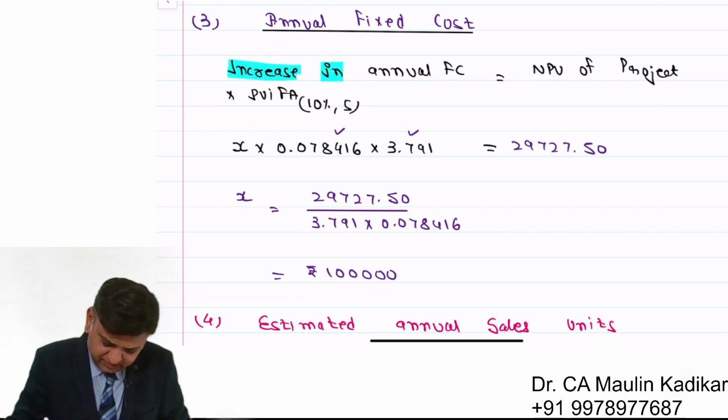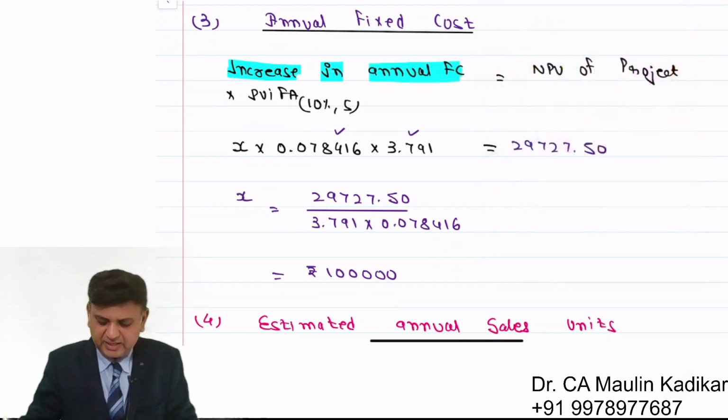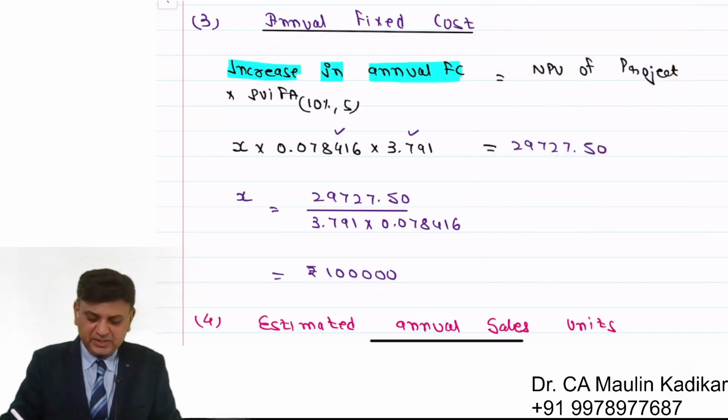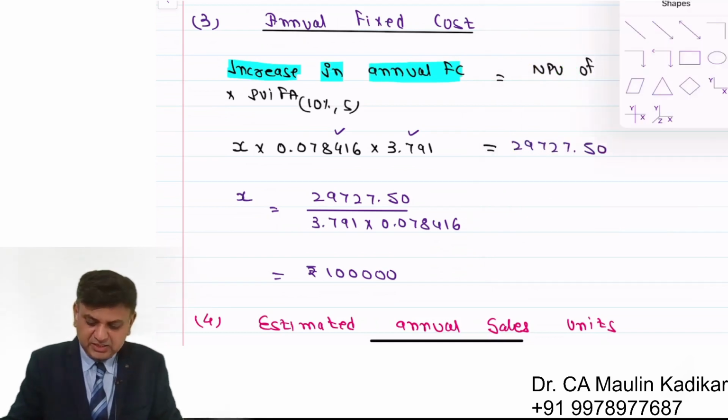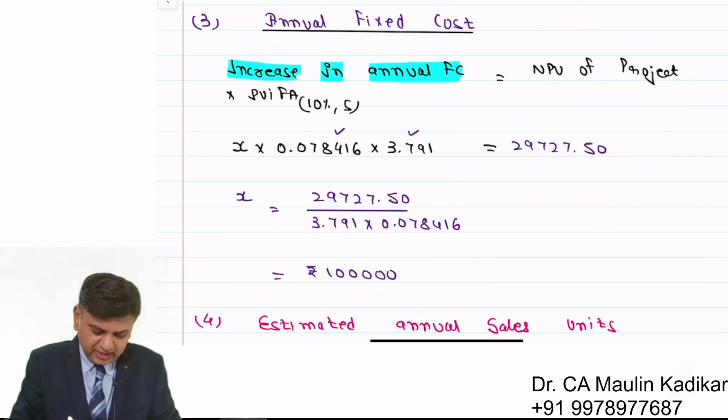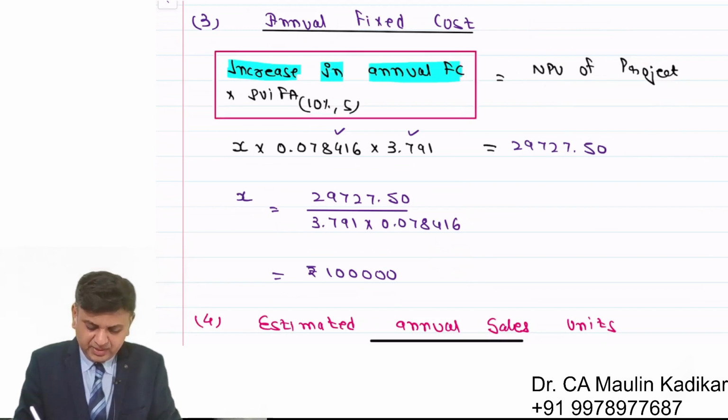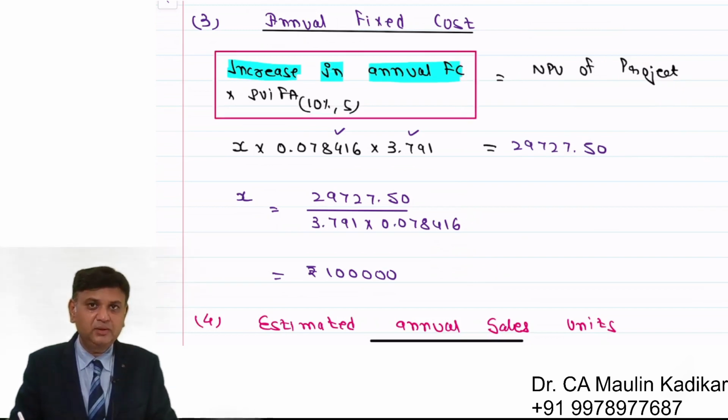Present value of the same is going to wipe off the existing NPV. So accordingly, we are required to make the calculation. Present value of the increase in the fixed cost is equal to NPV of the project. Accordingly, the equation is formed and we have computed the existing fixed cost as the balancing figure, 1 lakh rupees.